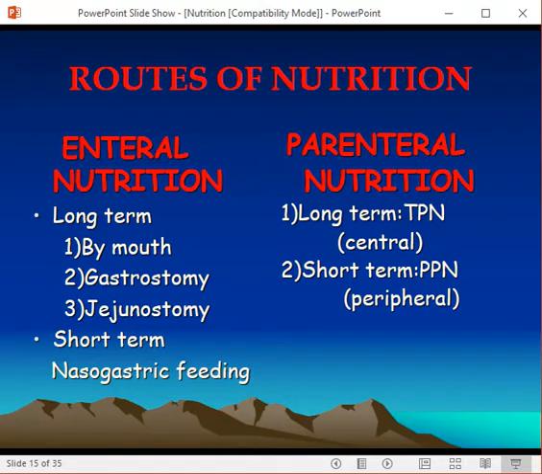And the other way is the parenteral nutrition. On long-term basis, it is the TPN, total parenteral nutrition, which is given centrally on central lines, and for short-term, it is the peripheral parenteral nutrition, which is given by peripheral lines.